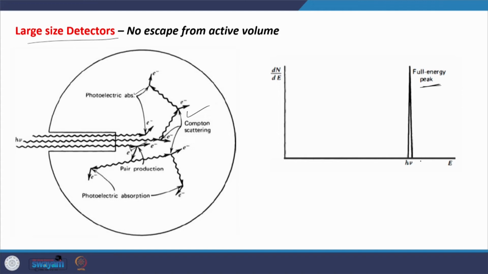So, it is quite easy to expect the shape of the spectrum in this case. Okay. So, we get a full energy peak at the energy corresponding to the incident gamma ray. Okay. Now, here I have not included, in all these slides, the energy resolution.